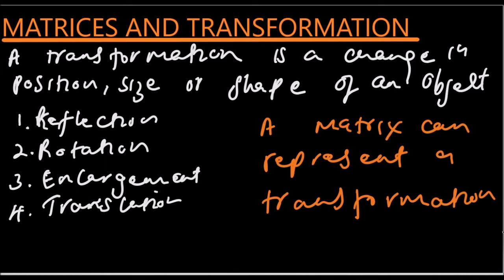So we can have a matrix representing a reflection, a matrix representing a rotation, a matrix representing an enlargement, or even a translation. So we are going to take an example and see how a matrix can represent a transformation.